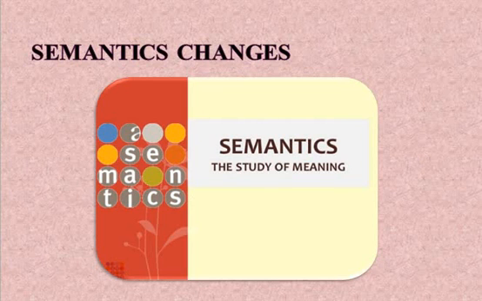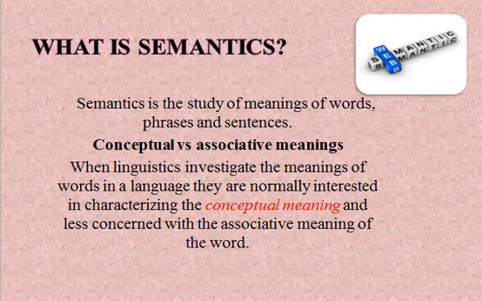And the next one is semantic changes. What is semantics? Semantics is the study of the meaning of words, phrases and sentences. When linguists investigate the meaning of words in a language, they are normally interested in characterizing the conceptual meaning and less concerned with the associative meaning of the word.